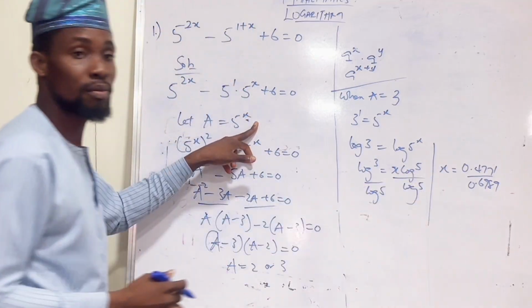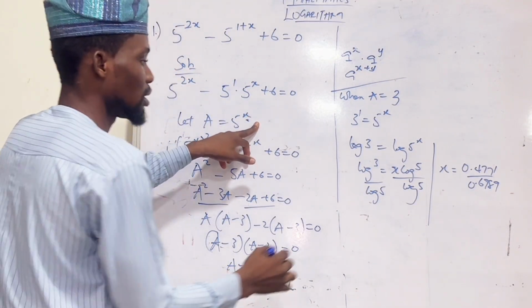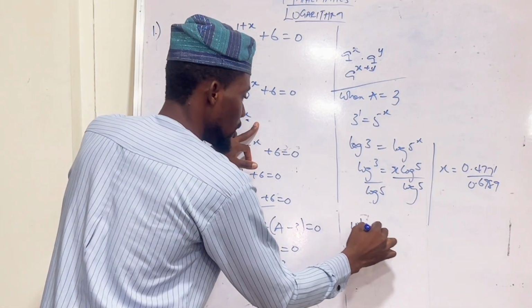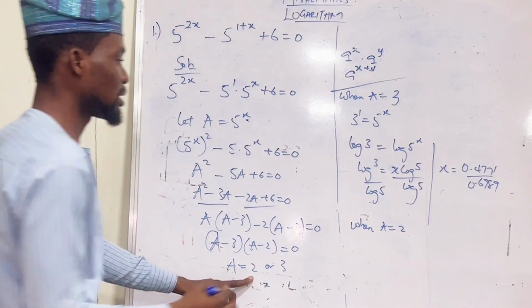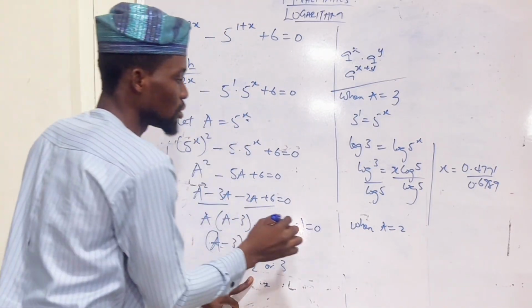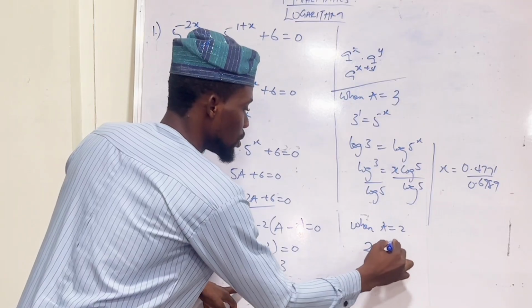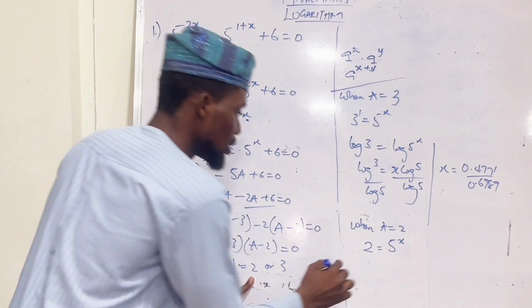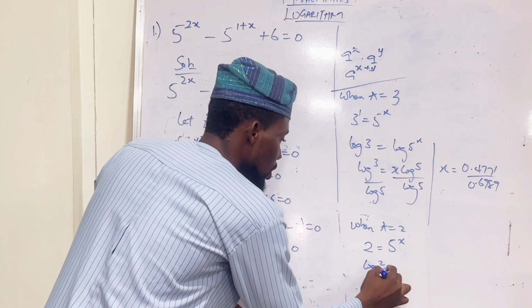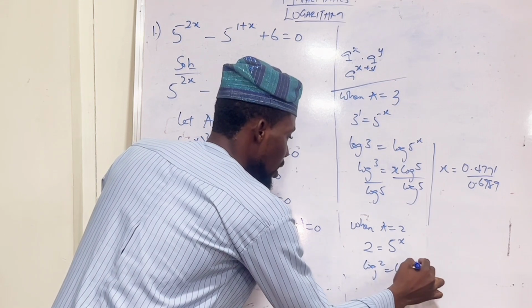That is the first value of x. And for the second value of x, when a equals to 2, it implies that from this same equation, 2 equals 5 raised power x. Introducing logarithm again becomes log 2 equals log 5 raised power x.